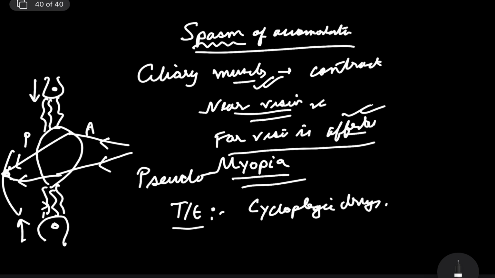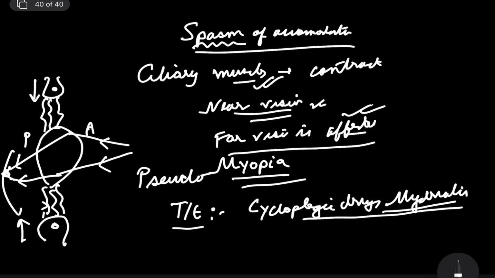So how do we treat the miosis? By using a mydriatic. So basically we are using drugs which are cycloplegic plus mydriatic. Mydriatic means pupil dilators, because mydriasis means dilatation of the pupil.